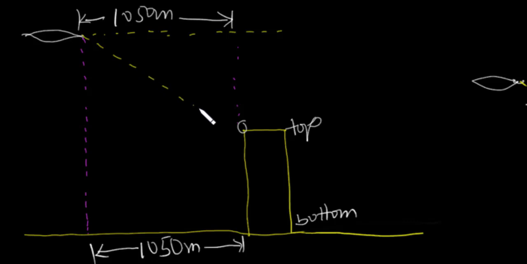So from the aeroplane to the top of the tower, you go through an angle of 36 degrees before you can see the top of the tower. So here is 36 degrees. Now if you want to see the bottom of the tower, then you have to lower it further, at an angle of 41 degrees.